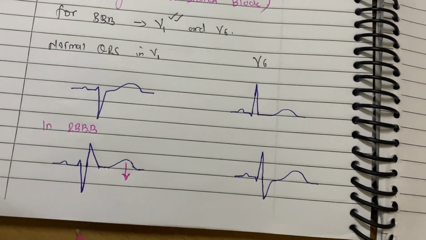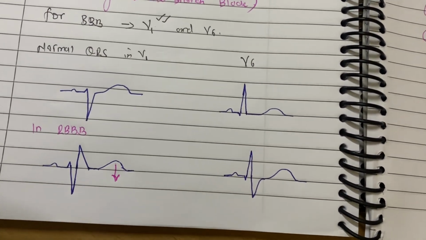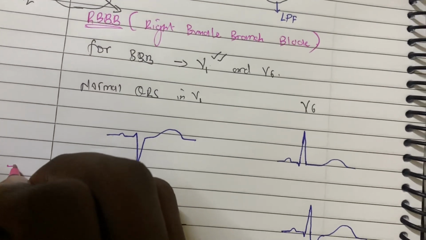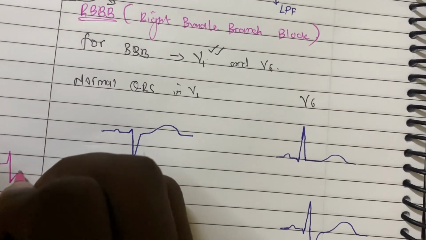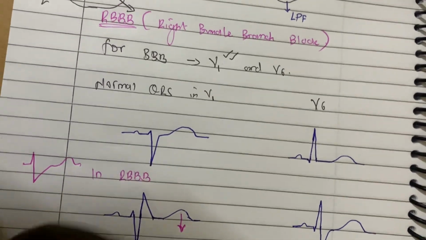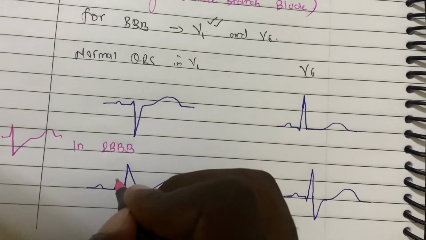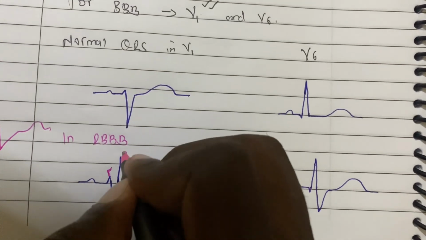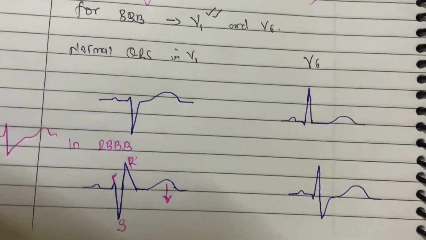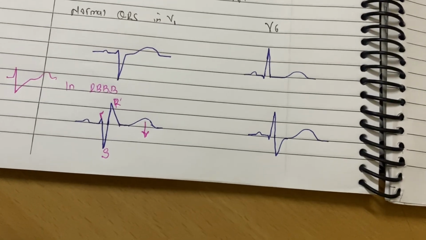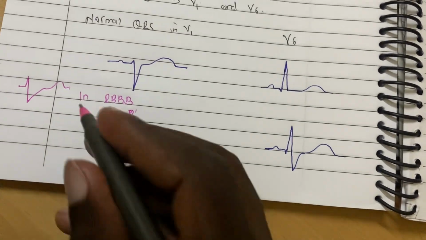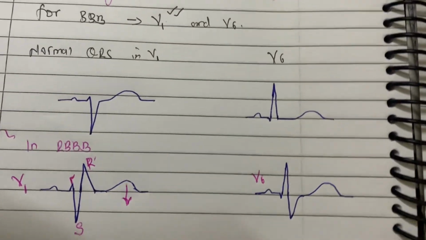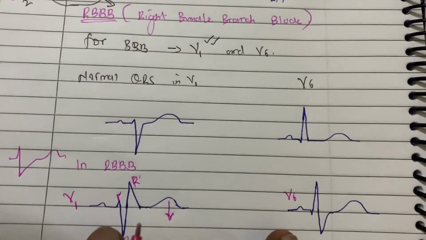They will still show a slurred or wide S wave. They will have an R wave and then an S wave. So this is R, S, R prime pattern, rabbit ear pattern in V1. So this is V1 again, this is V6. So this is the pattern in right bundle branch block.